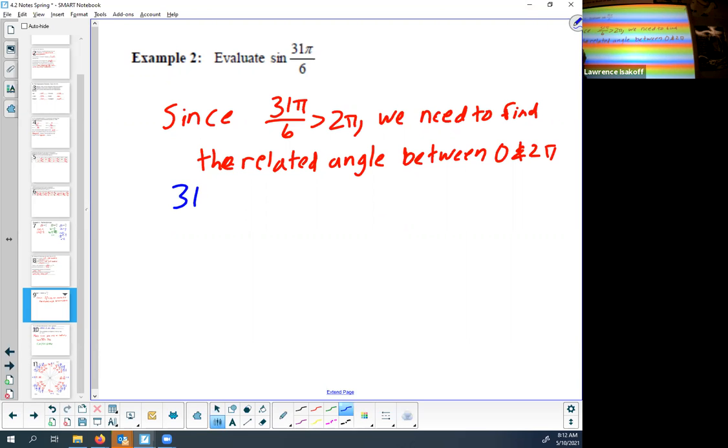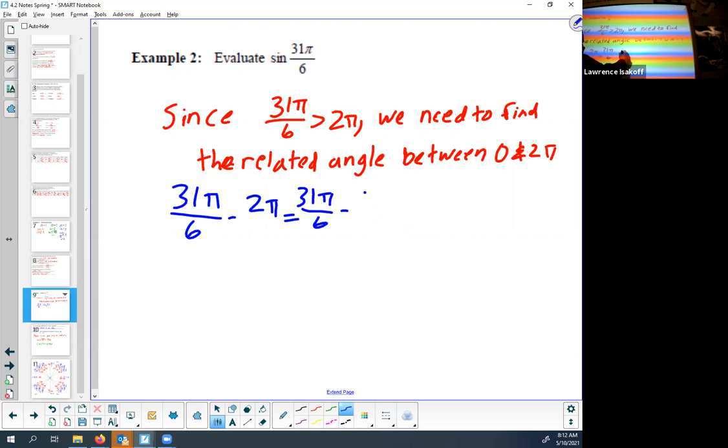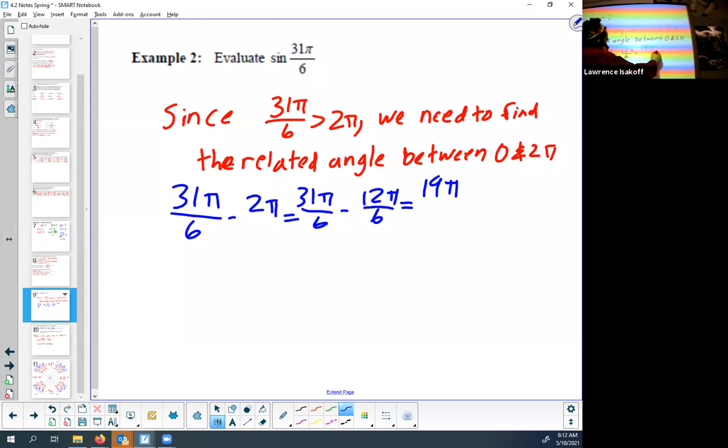So I can do 31 pi over 6 minus 2 pi. Well, that's the same as 31 pi over 6 minus 12 pi over 6. 31 minus 12 is 19 pi over 6.